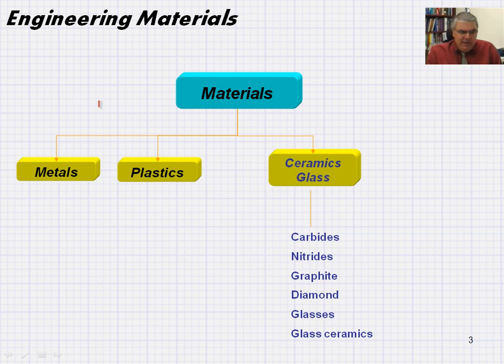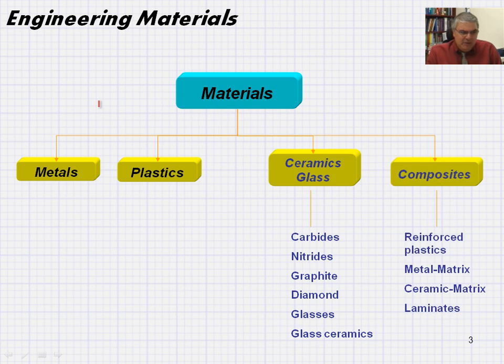The other two main categories of engineering materials are ceramics. The most common or most famous ones are diamonds, and of course glasses and glass ceramics, and so on. Composites also play an important role in the type of materials.